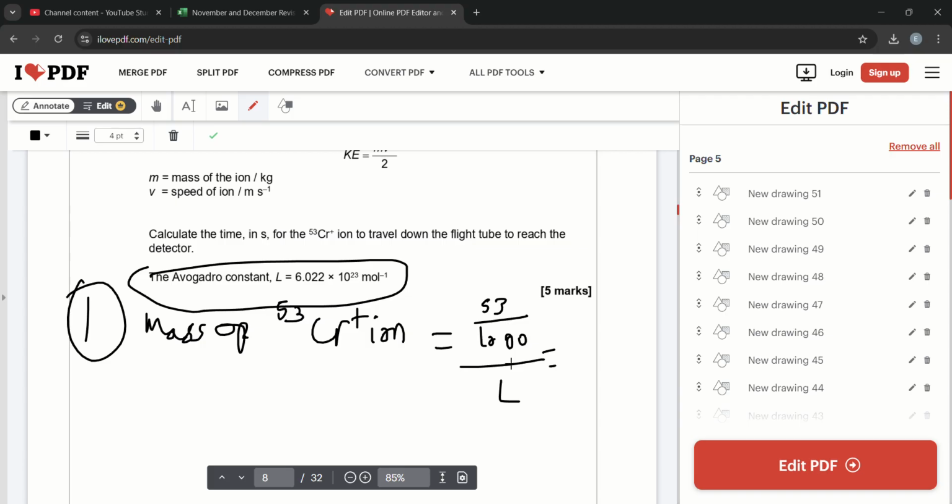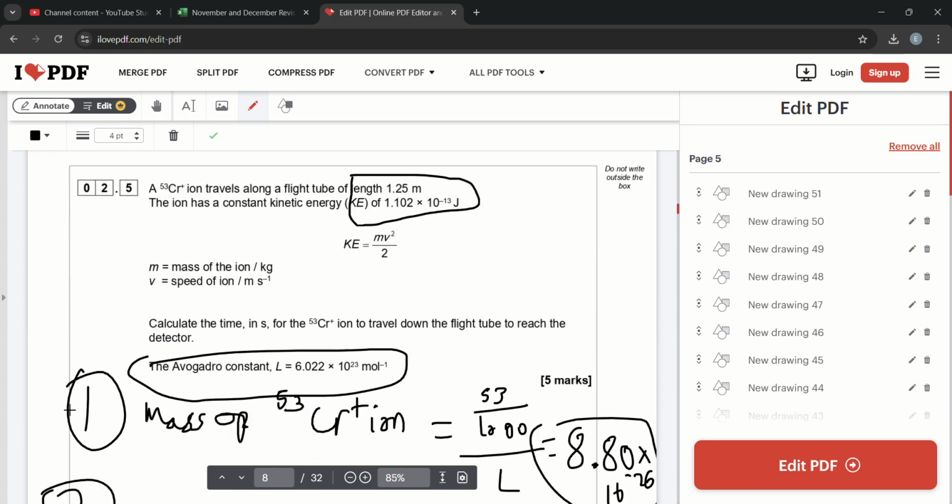And we get 8.80 times by 10 to the power minus 26. That's the mass. Now we can find the velocity.